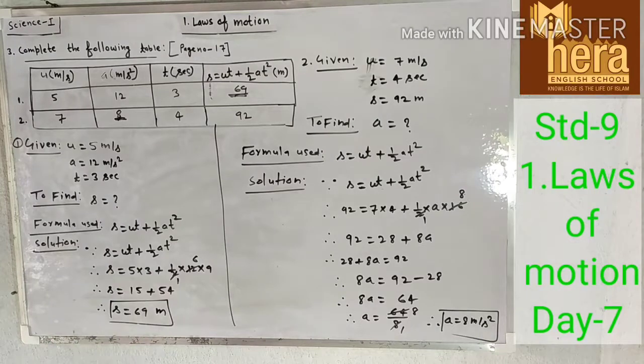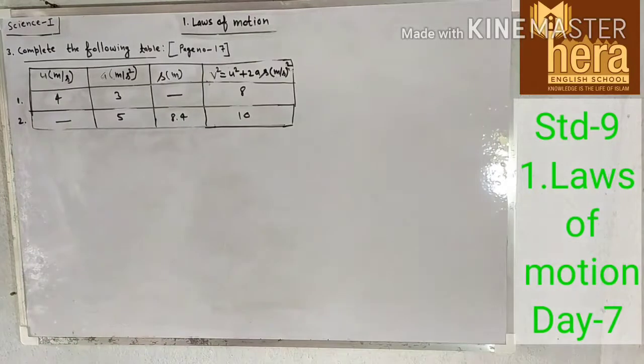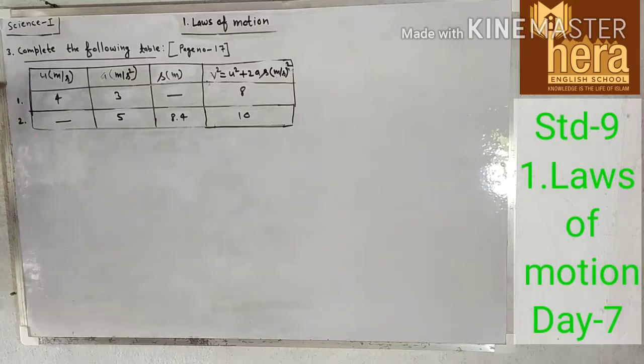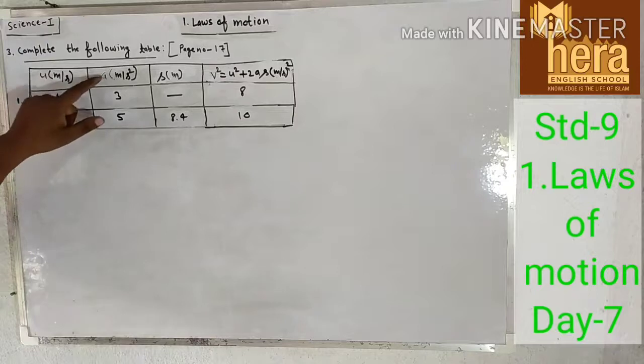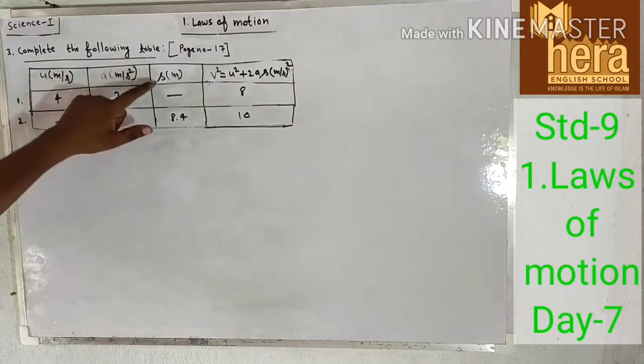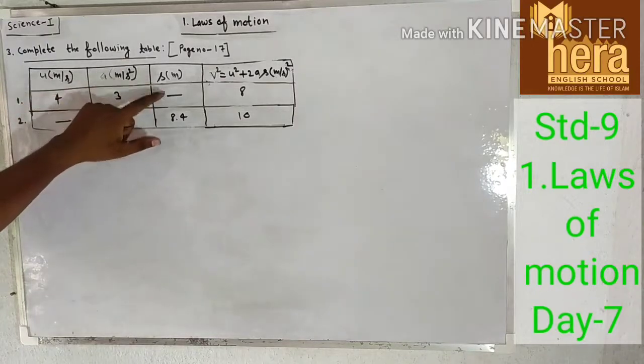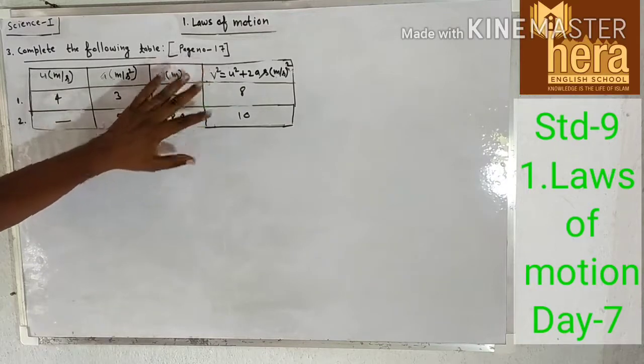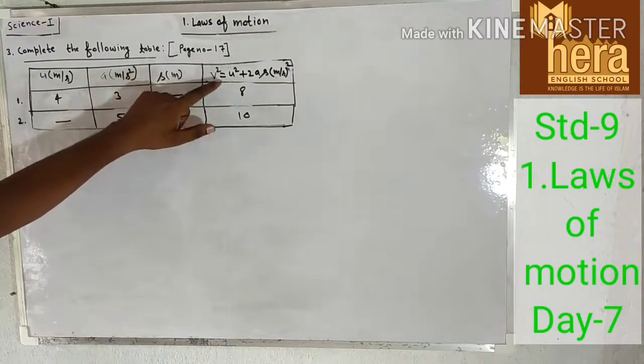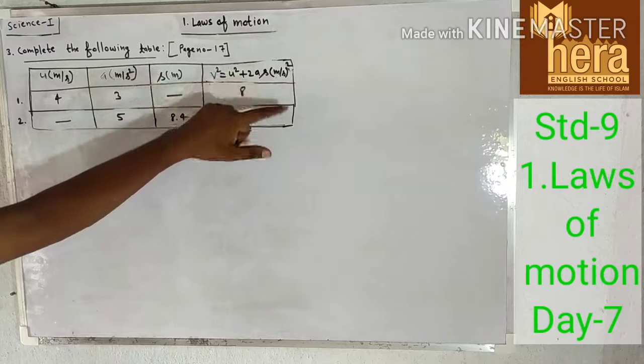Next. So this is third one. U is equal to 4 meter per second. A is equal to 3 meter per second square. S is equal to question mark. Now we have to use V square is equal to U square plus 2AS.